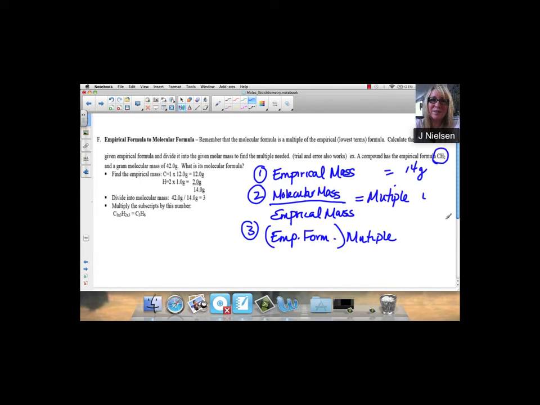So 42 grams divided by 14 grams is going to be equal to 3. So my multiple is 3. Then I'm going to take CH2, multiply it by 3. 3 times 1 is 3, so this is C3. 3 times 2 is 6, H6. And there's my answer.